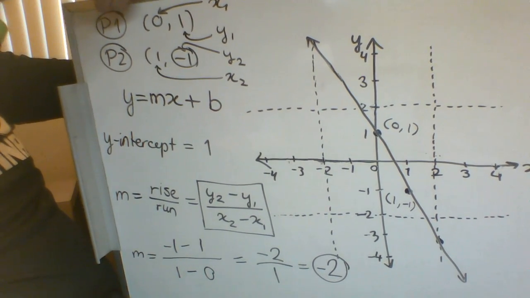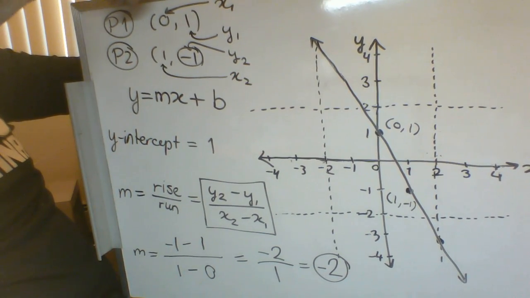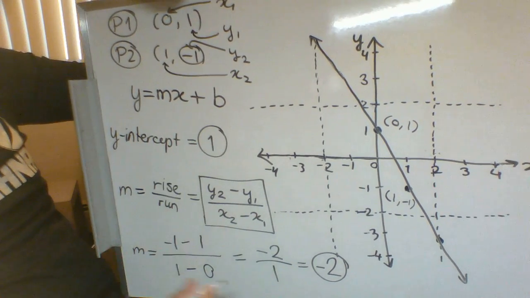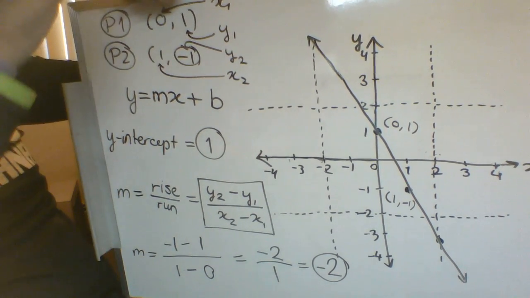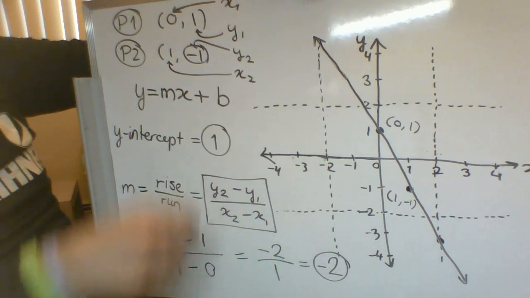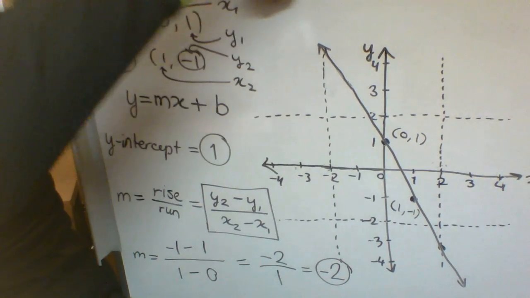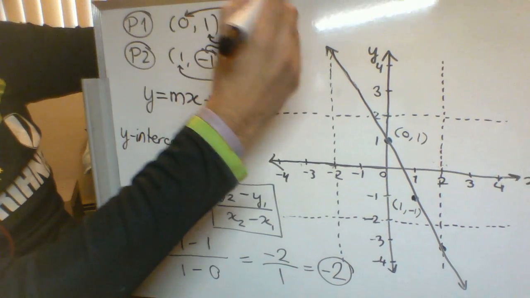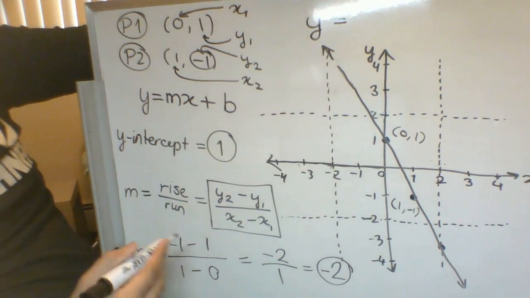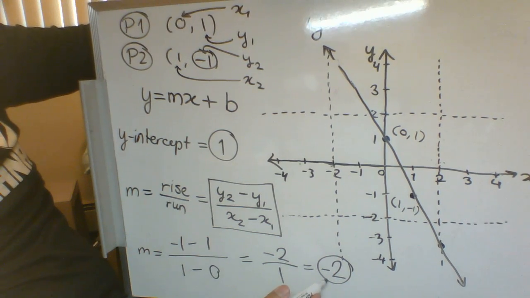So now we will plug in all this information. We've got our y-intercept is equal to 1, and our slope is equal to negative 2. So here's an example of a negative slope finally. I'll just use the space up over here where we can plug in that information. We've got y equals mx plus b. m is our slope, which we just calculated to be negative 2.